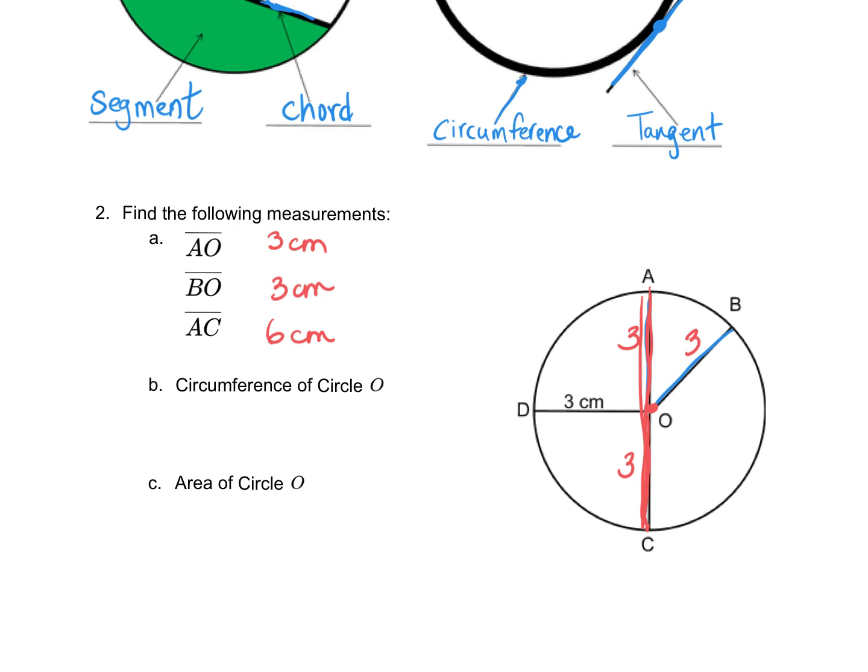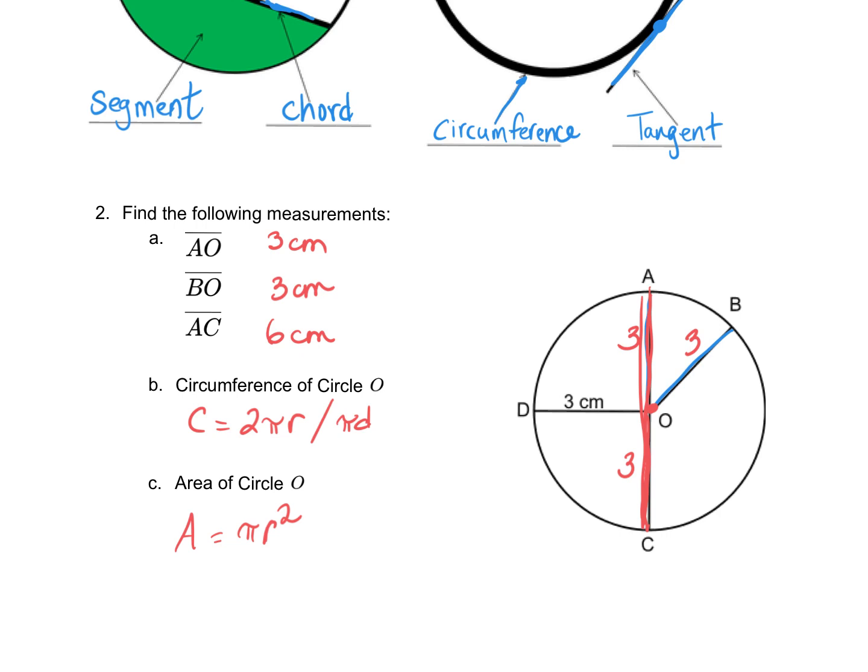Now on your MCAS reference sheet, you will see that the circumference formula is 2 pi r, or just pi times the diameter. And the area is pi r squared. Okay, so in both cases we need the radius.